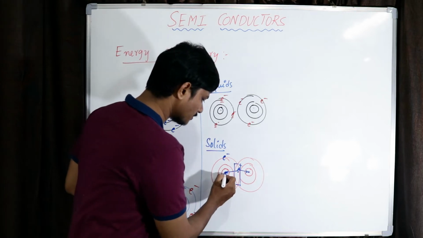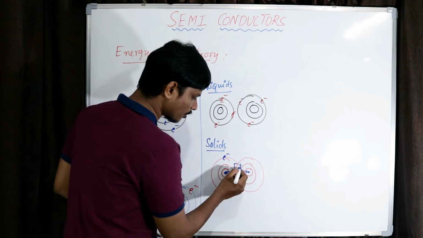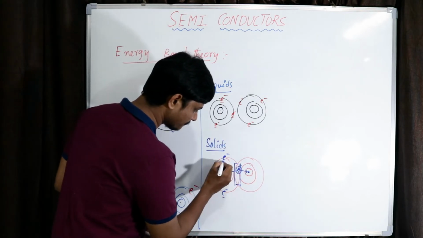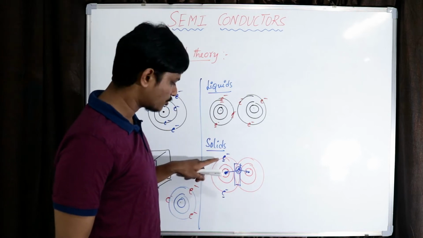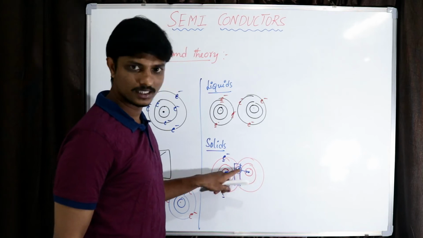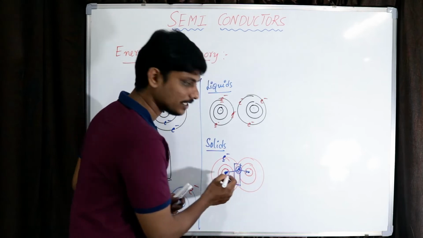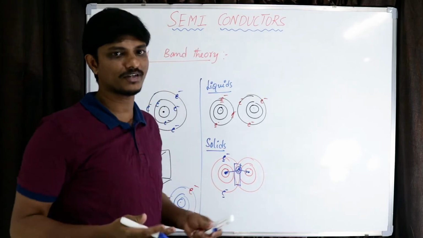Therefore the amount of energy this electron possesses will be different from these electrons, because these electrons experience a force due to only this nucleus. But this electron experiences two forces at a time due to these two nuclei. Therefore the amount of energy that electron possesses is different, right?